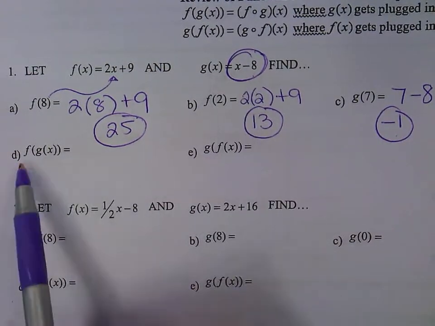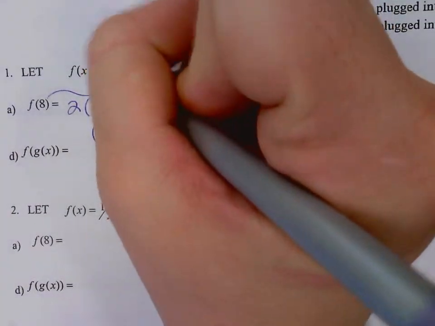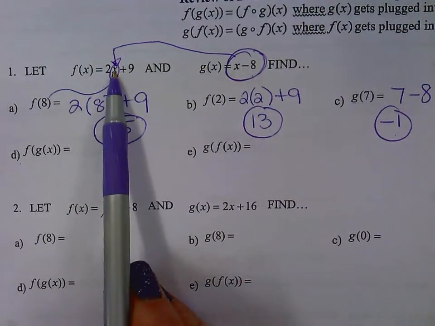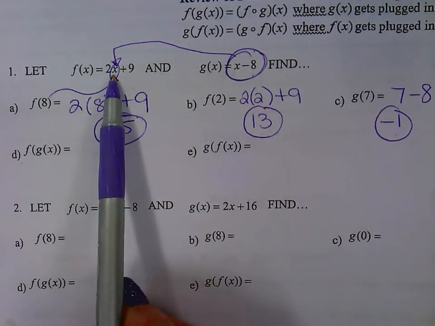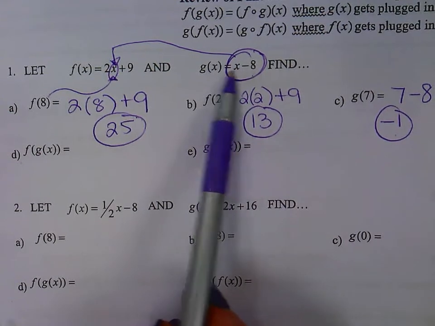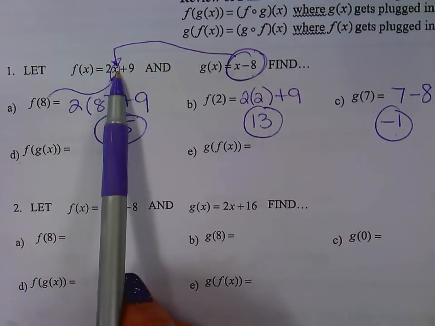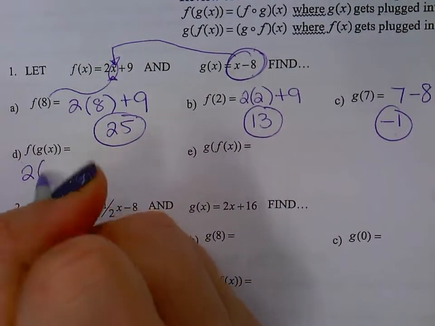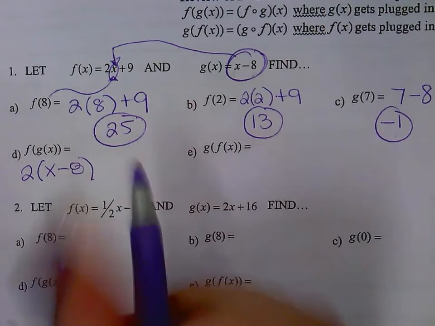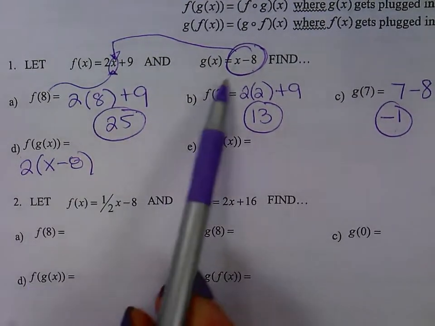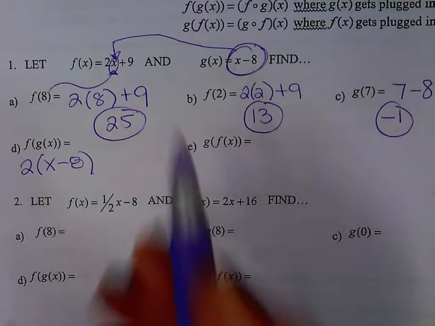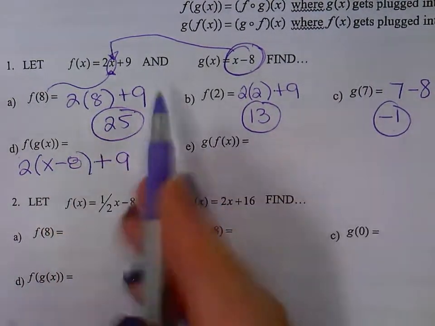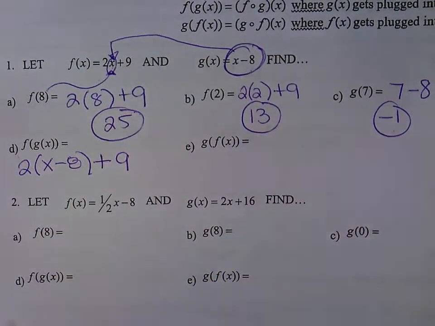I'm plugging that into the f function where I see the x. So instead of plugging in the number 7, I'm plugging in the function x minus 8 where I see that x. So the way you write it is 2 times x, but it's now 2 times x minus 8 plus 9 is still there from that original function.